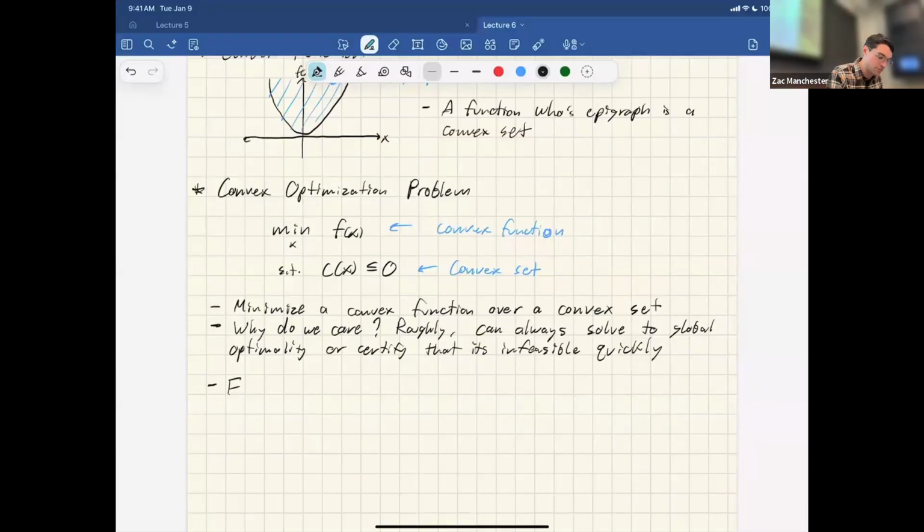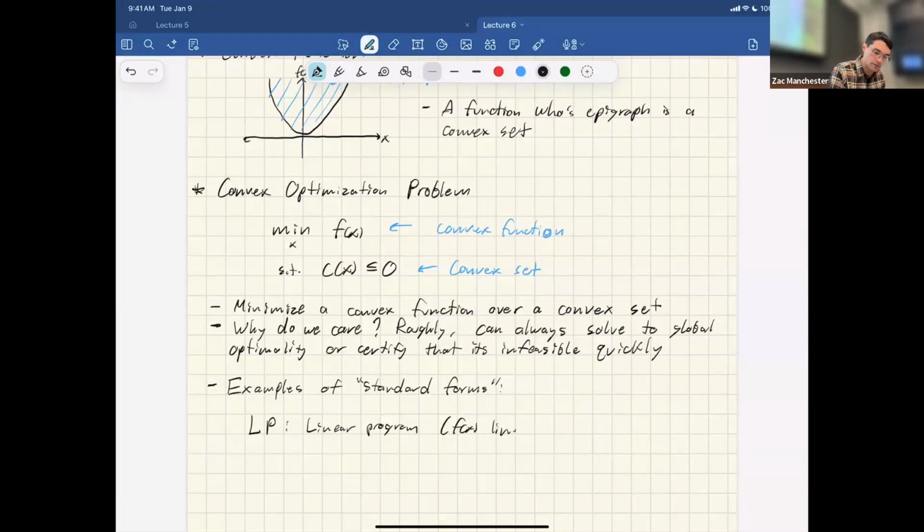And then some examples of classic standard forms of these that you may or may not have heard of. The first and simplest is called an LP, or linear program. And not surprisingly, that means f of x is linear and c of x is linear.